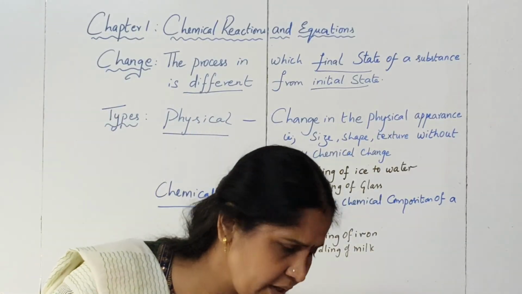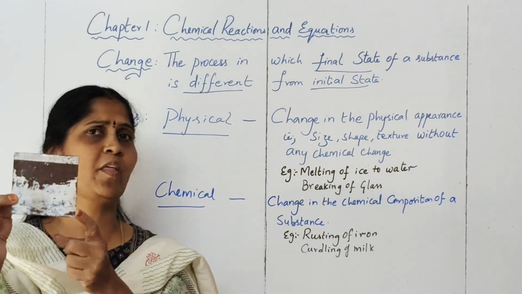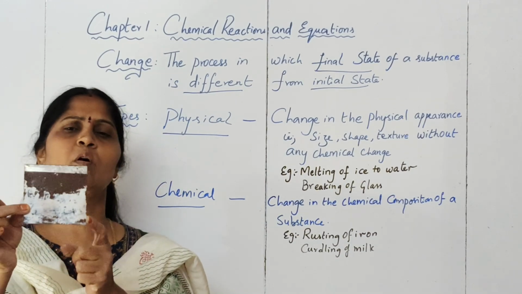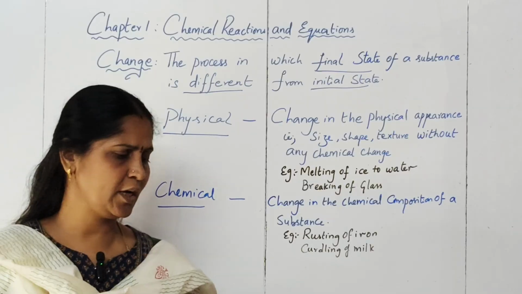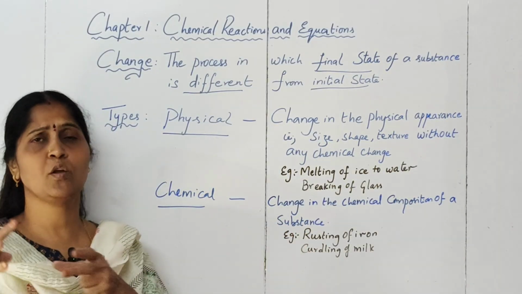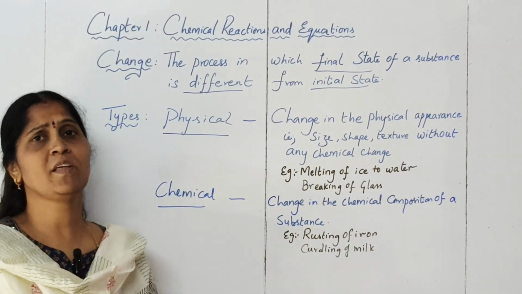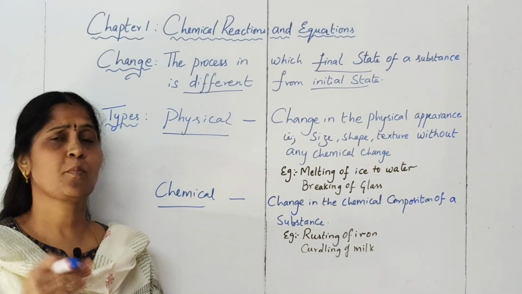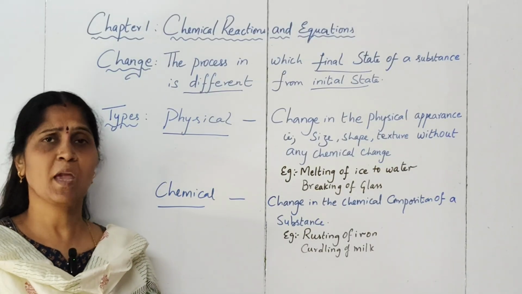We have seen a piece of metal getting rusted because of moisture. When moisture acts on the metal, it leads to rusting, which forms iron oxide, a new chemical. Also we have curdling of milk, digestion and respiration. There are several processes which are actually chemical changes.